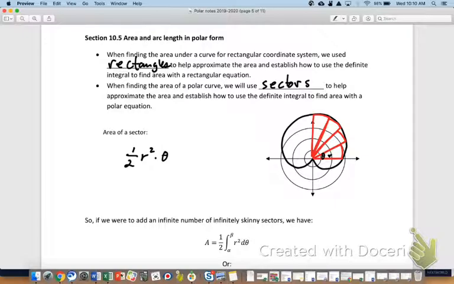In fact, as the number of sectors heads towards infinity, theta would approach zero. So it would essentially be all these line segments radiating out from the center. And if we added up the area of those really skinny little sectors, we'd eventually head towards the actual true area of this shape, in this case a cardioid. We can find the whole area of that thing.